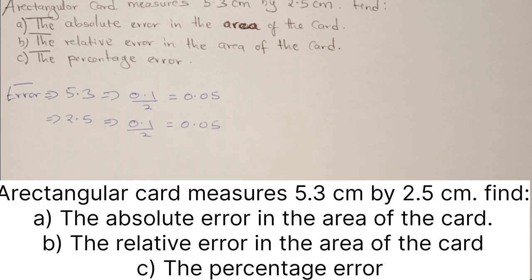So this is not addition or subtraction, where to get the absolute error you just add the two. Here you find the limits of these measurements, the lower limit and the upper limit.